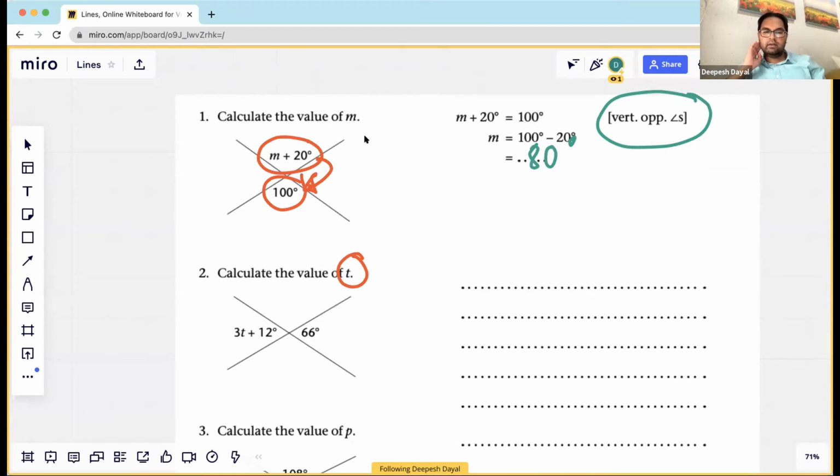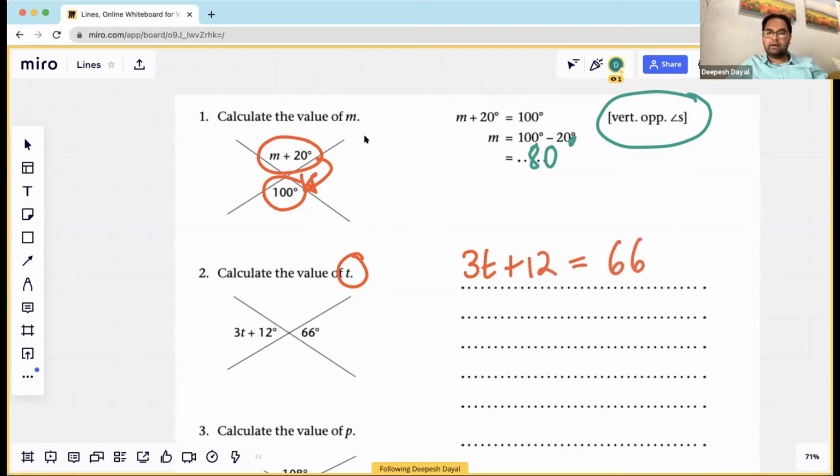So it's T equals 18. And who's talking at the moment? Luandle. Okay, how did you get that? So I said 3T plus 12 equals 66.